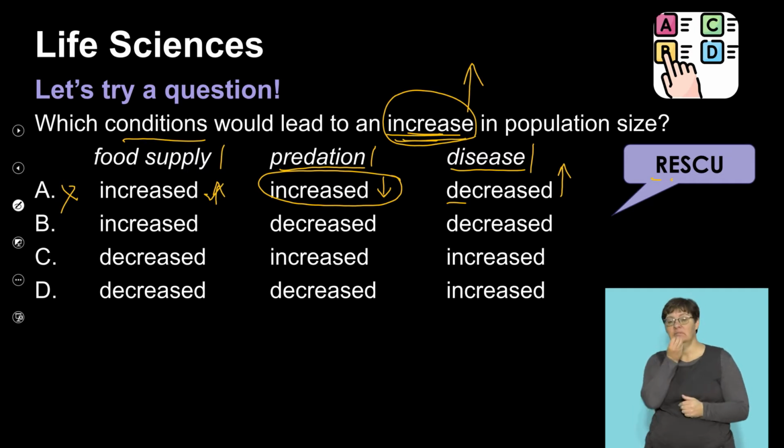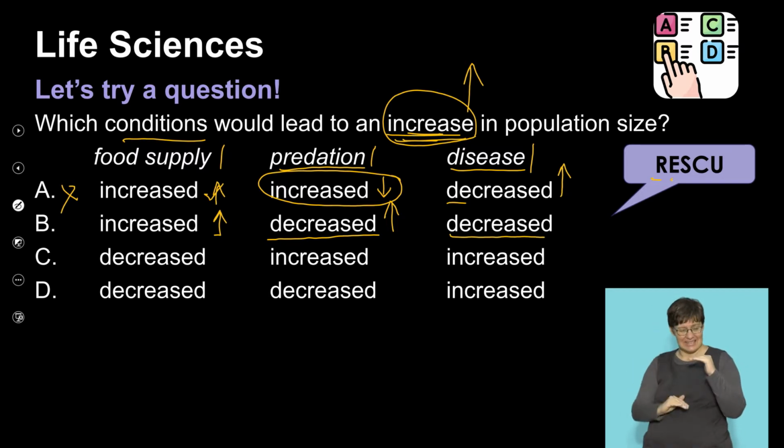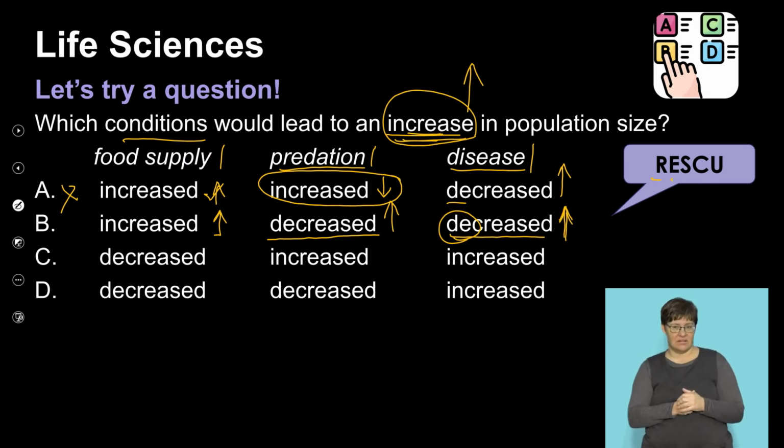What if the food supply increases? Yes, that is going to increase our population size. Predation decreases. That is going to increase population size. And disease decreasing, that is going to increase population size. So I'm not going to eliminate B at this point. A decrease in food supply, that's going to decrease my population size.